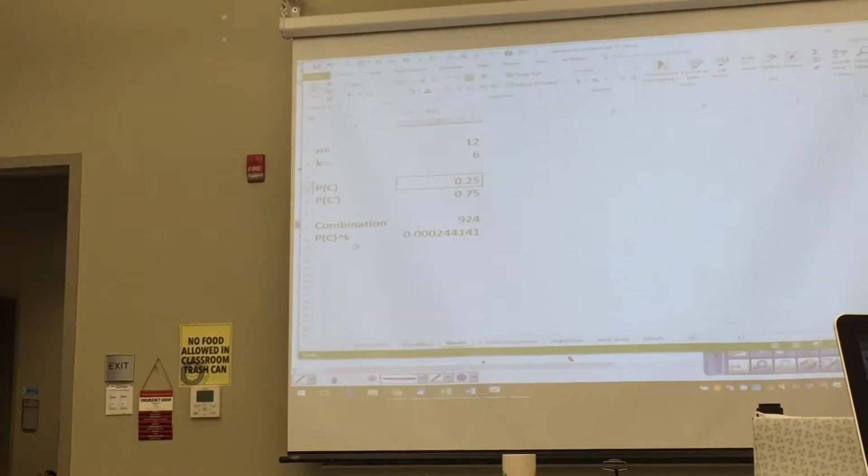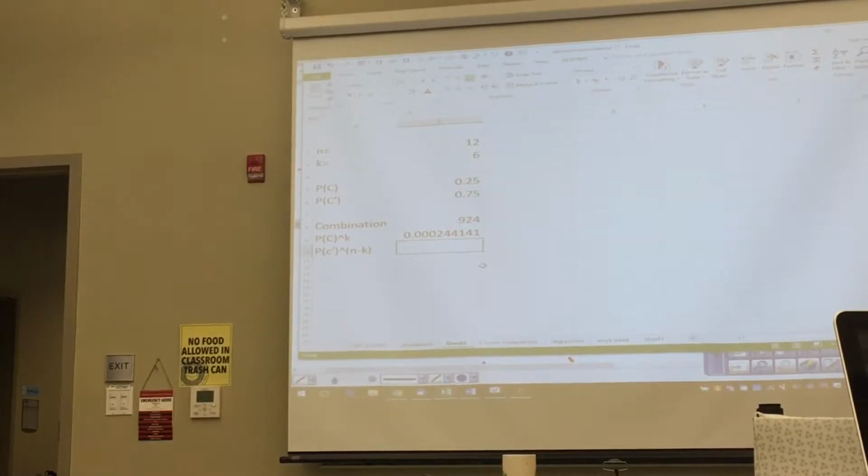So I'm now going to come down here, and I'm going to do the probability of C naught raised to the n minus k. So where does the probability of C naught live?